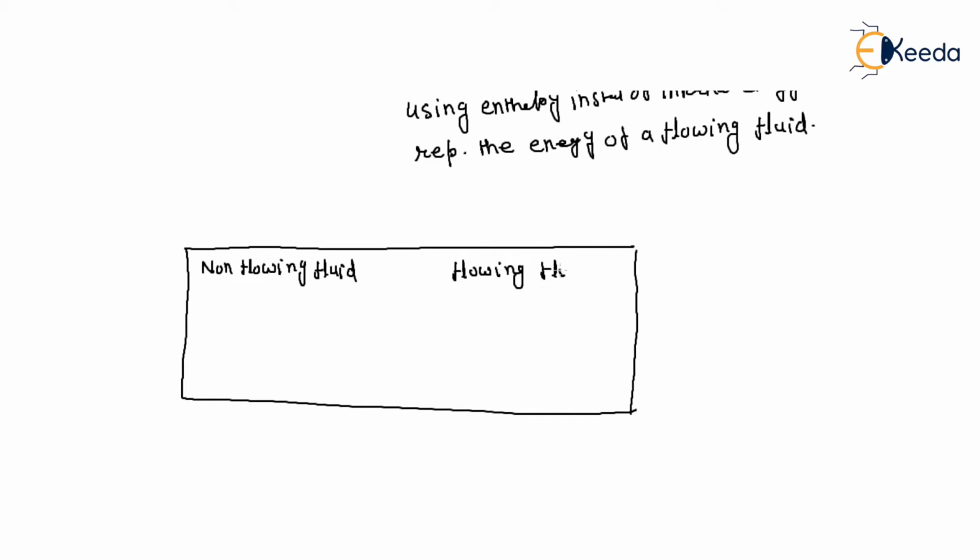What is the energy of a non-flowing fluid? E is u plus V square upon 2 plus gz. And what is the energy of a flowing fluid? E is equal to h plus V square upon 2 plus gz.